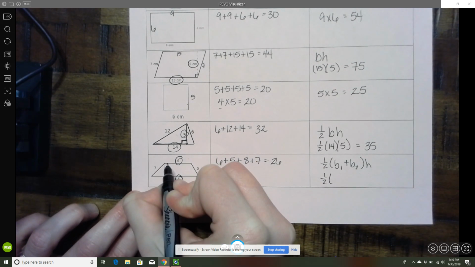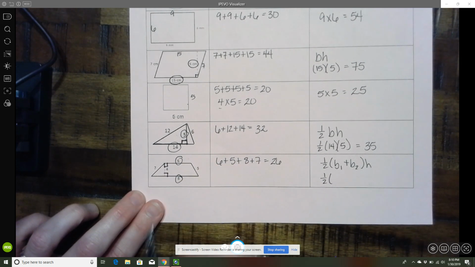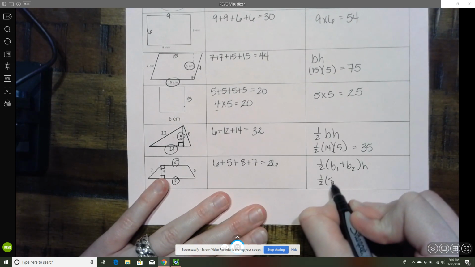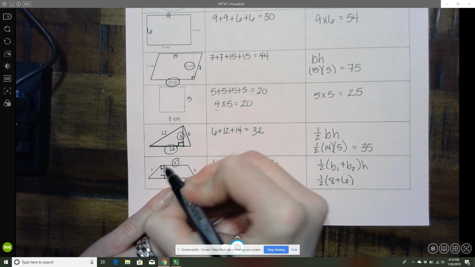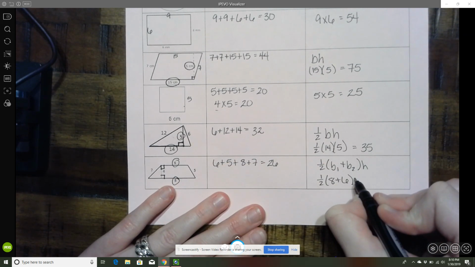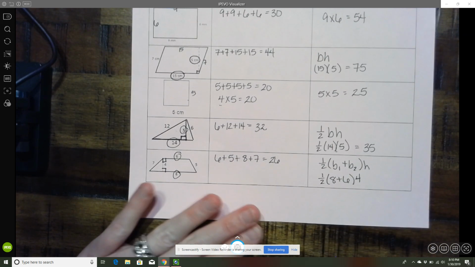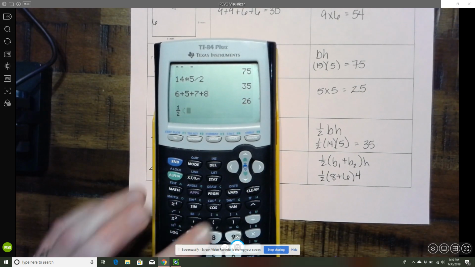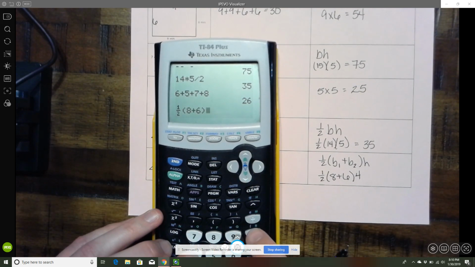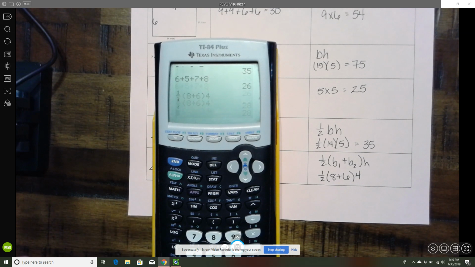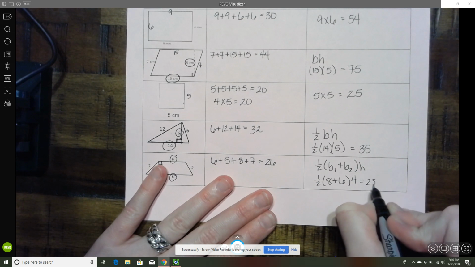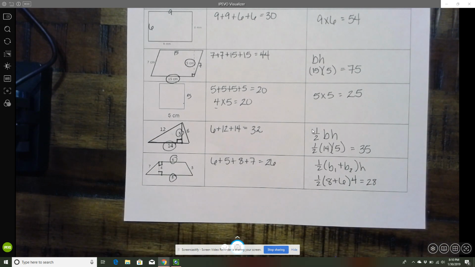Here's my right angle, but you can see here that the height is going to form another right angle. So we have 2 bases in this one. And then my height would be the 4. And so I'd have an area of 28. So that's it for this video.